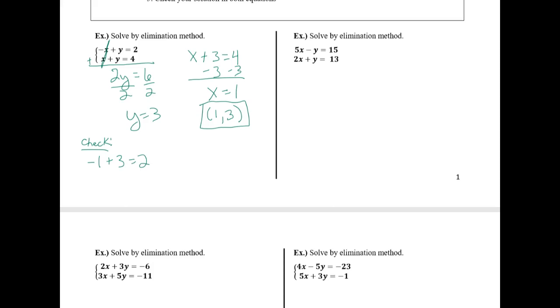Negative 1 plus 3 is in fact 2. That works. I'm going to plug it into the second equation, replacing x with 1, replacing y with 3. 1 plus 3 is 4. That also works. This is in fact the solution. So, particularly on tests and things, plug in your answer to double check your work.